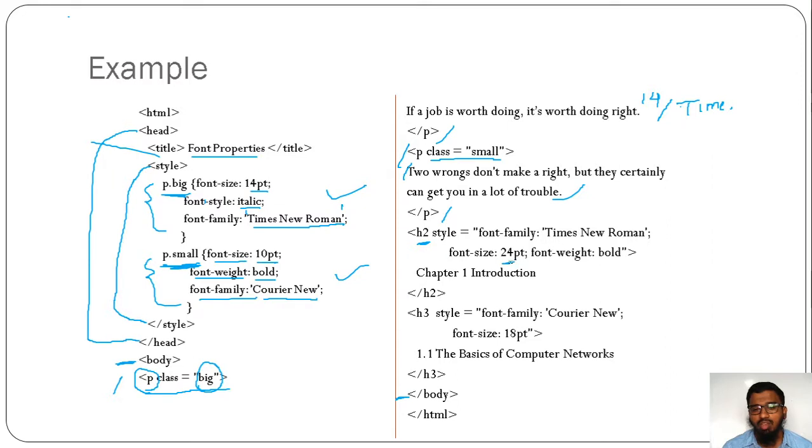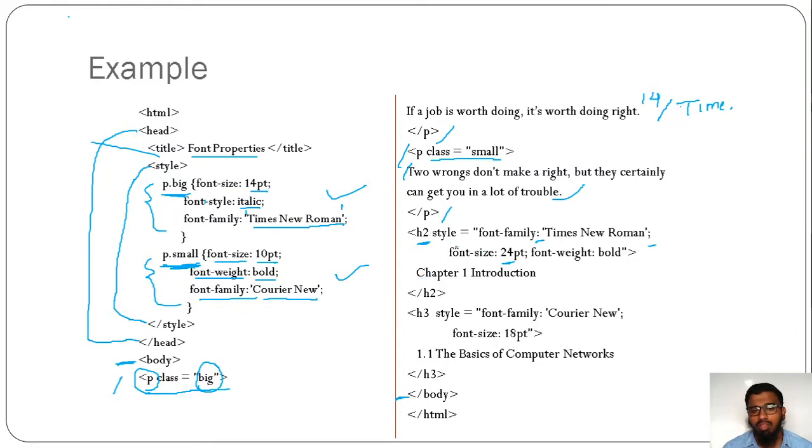You can give 30, 40, anything here. Font-weight is bold. Every property is separated by a semicolon. Whenever you give a value, you write it after a colon, and you separate the properties with a semicolon.